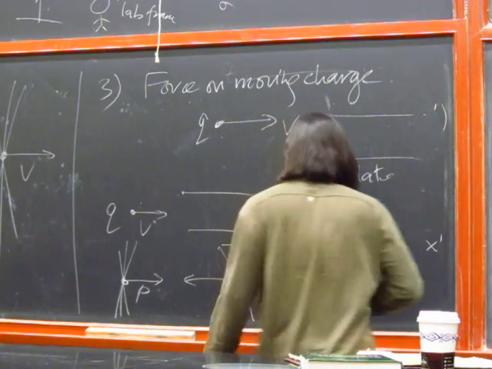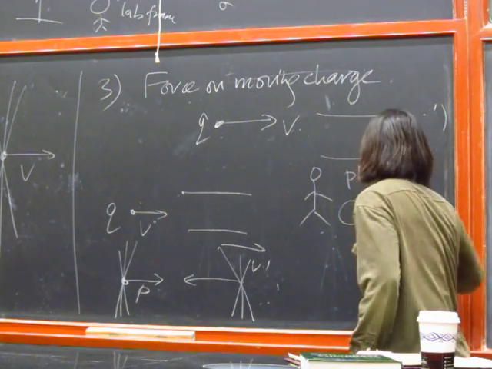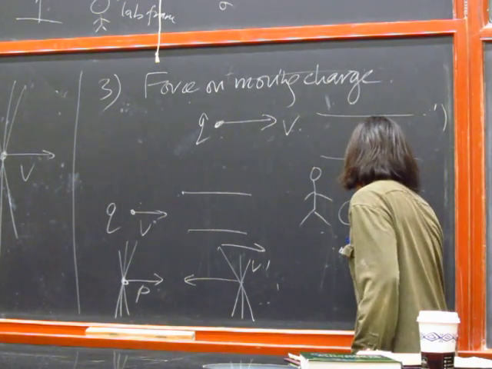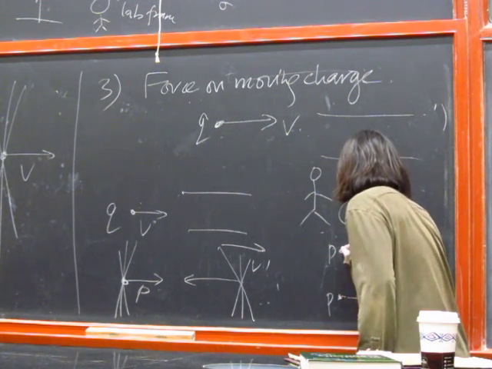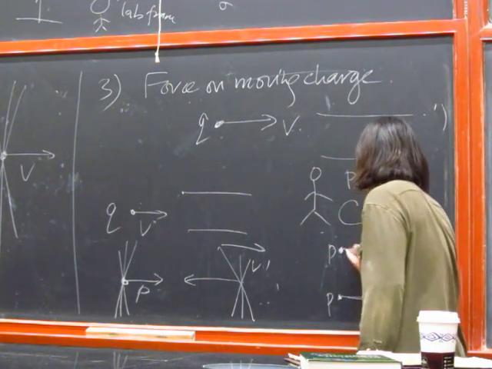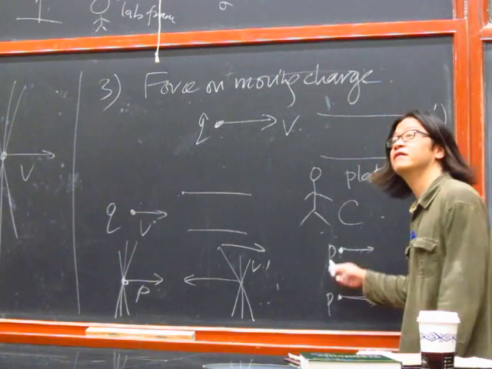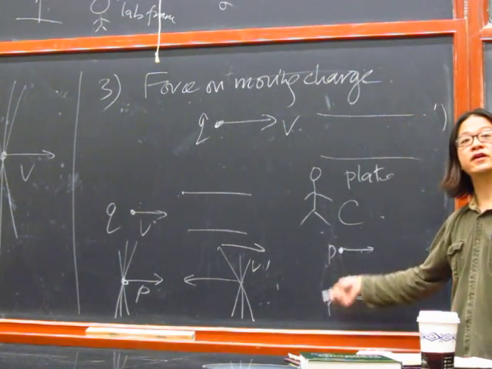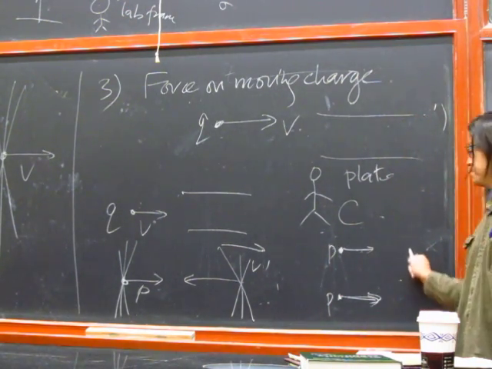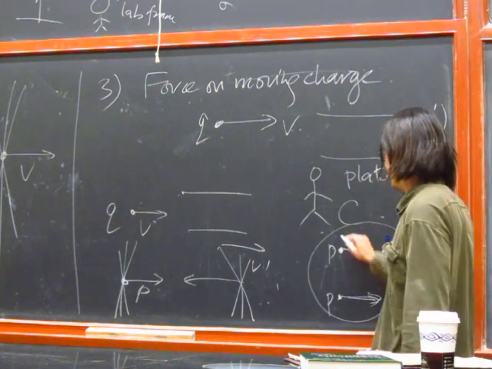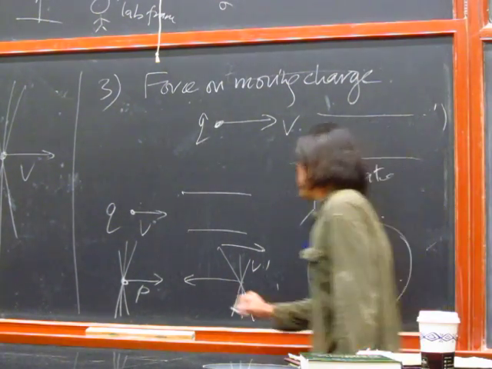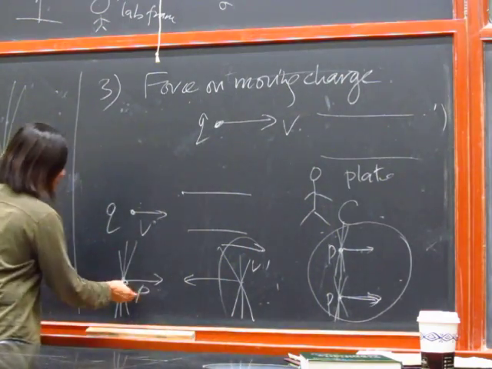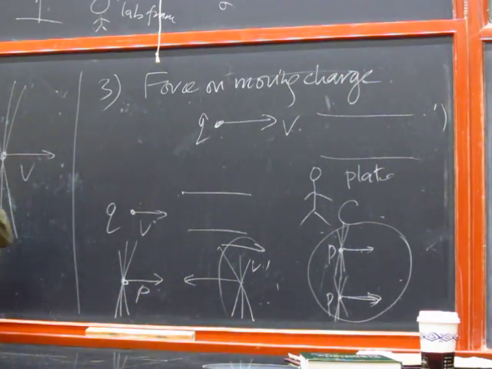But before we do that, another situation would be if I have two protons moving in the same direction, and one is above the other. What's the force on one due to the other? How do you calculate that? That's what we want to calculate.